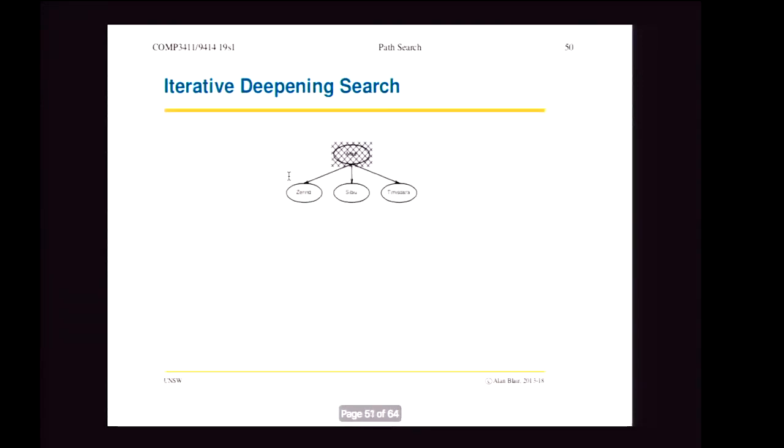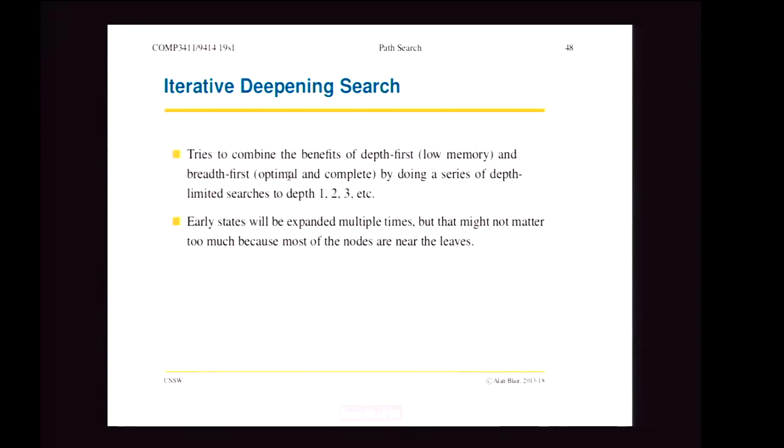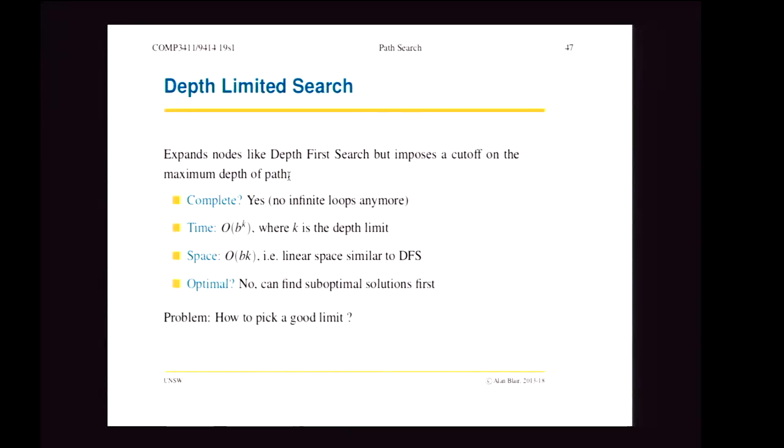So, depth limited search and then iterative deepening search. Depth limited search is the same as depth first search, but I'm going to limit the depth. There's a certain depth k, and I'm not going to explore any path longer than depth k.